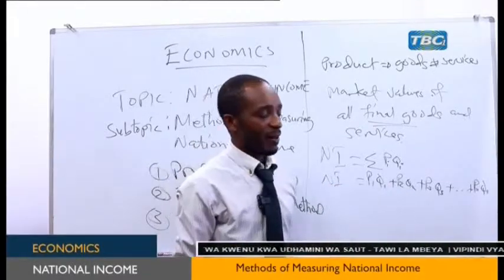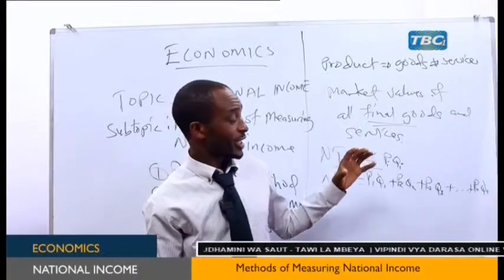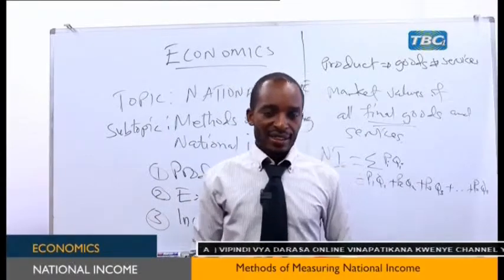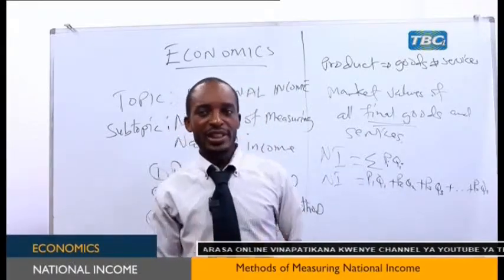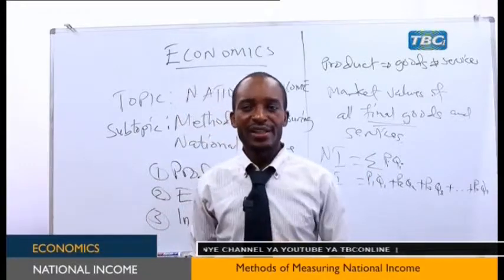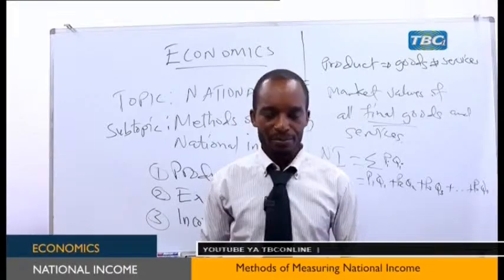Under this method, as we said, we need to consider the final goods and services. Sometimes, to avoid double counting, in this method, you can use the value-added method or the value-added approach.